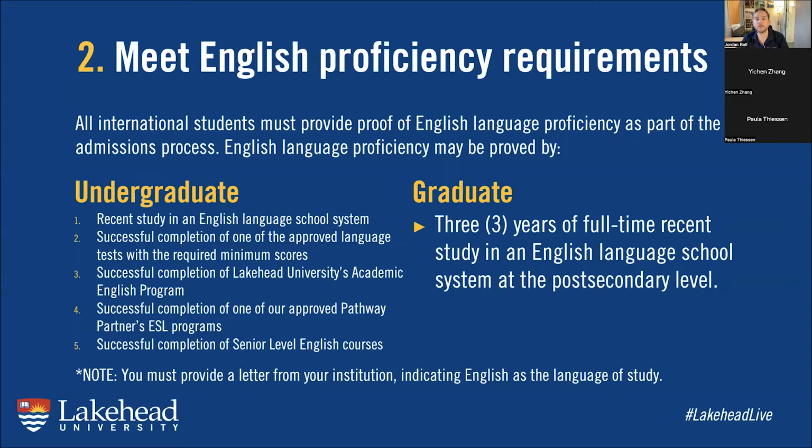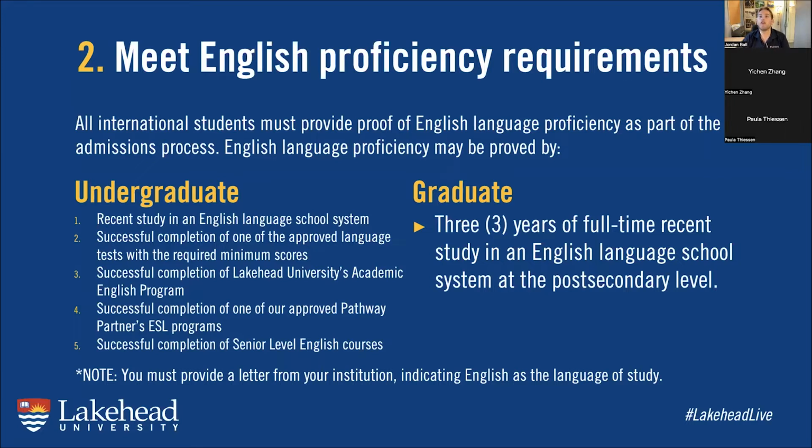For our graduate students, the past 3 years of full-time recent study must be in an English language school system at the post-secondary level. There are other opportunities where you may be asked to provide English language test scores, but that will need to be determined by our graduate admissions teams.